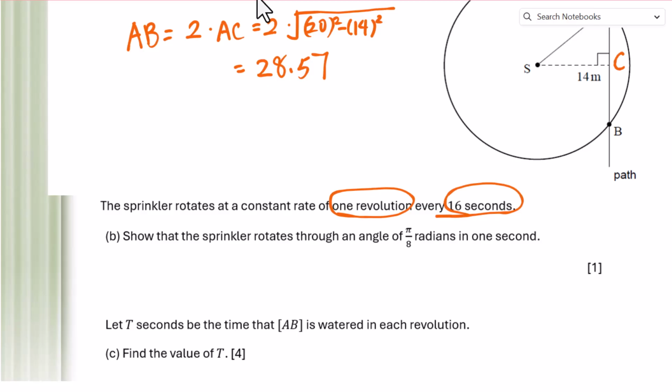The angle for one rotation is 2 pi. Let's do the ratio. 2 pi over 16 equals x over 1. Cross multiply. x equals pi over 8.